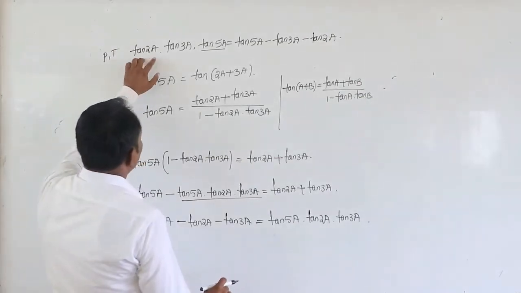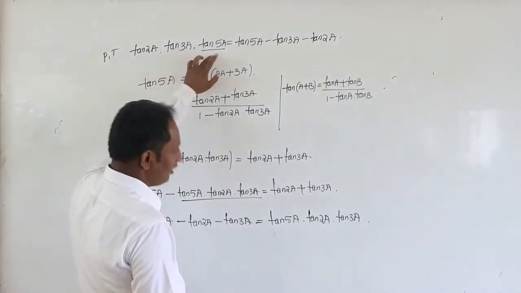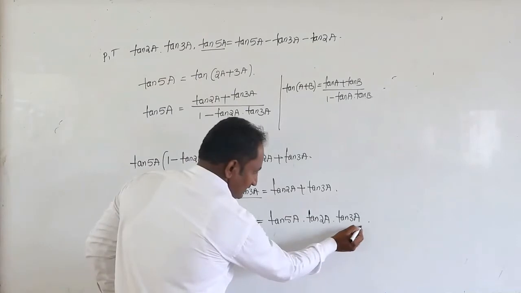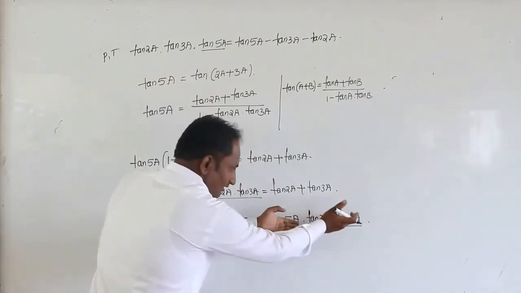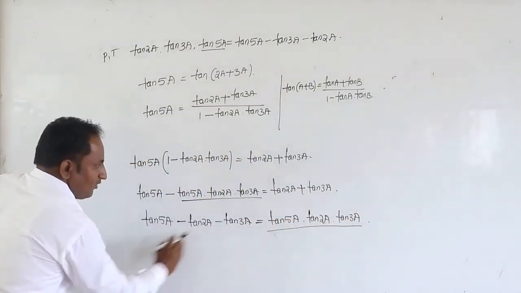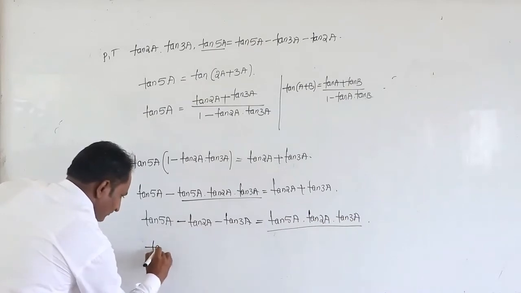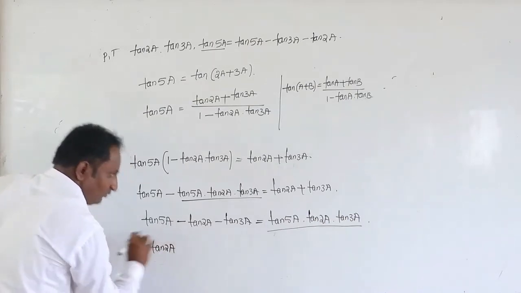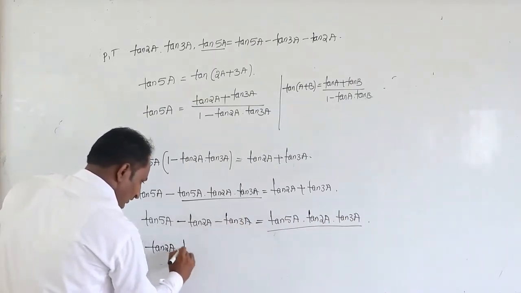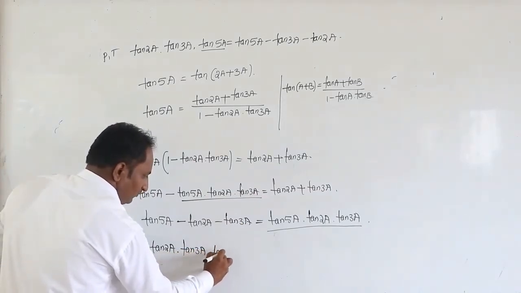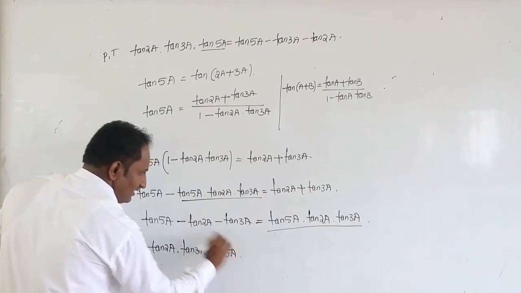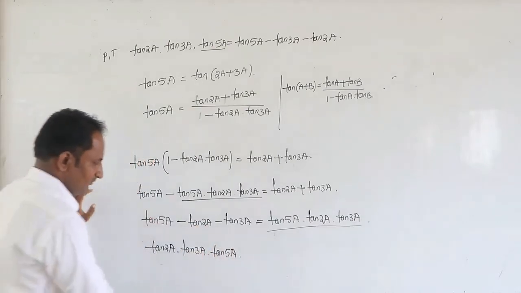Here tan of 2a, tan of 3a, tan of 5a. This result is there. Here this side is taken as first one, tan of 2a into tan of 3a into tan of 5a. The RHS is written on the LHS side.